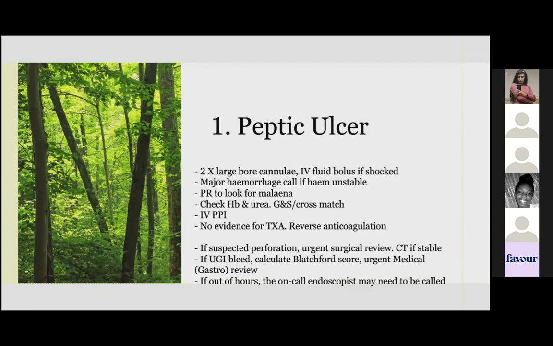If the patient has got an upper GI bleed, then you can calculate the Blatchford score. And these patients tend to go under the medical team because this is deemed a gastro problem. So it's the gastroenterologist that would perform an urgent endoscopy if needed.